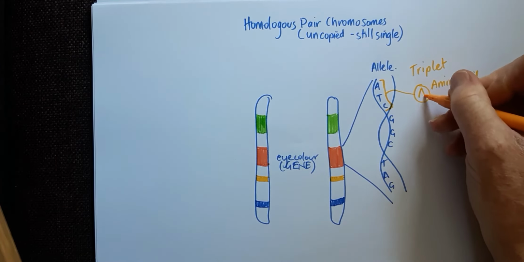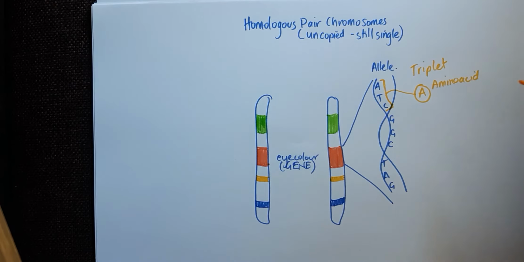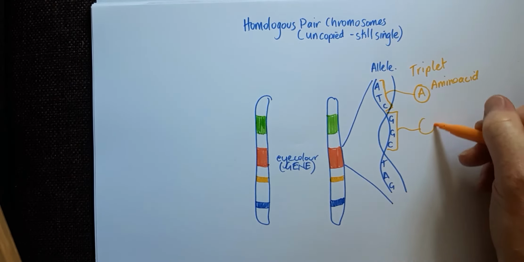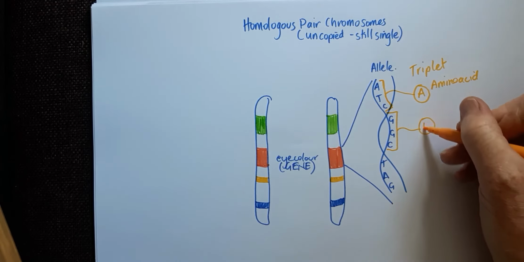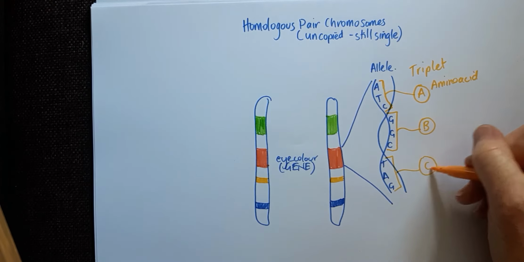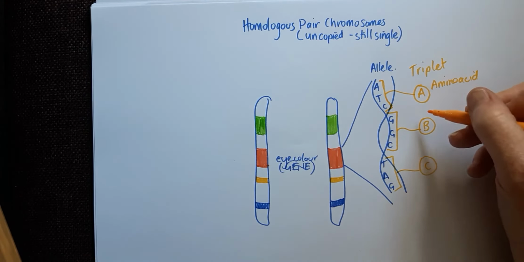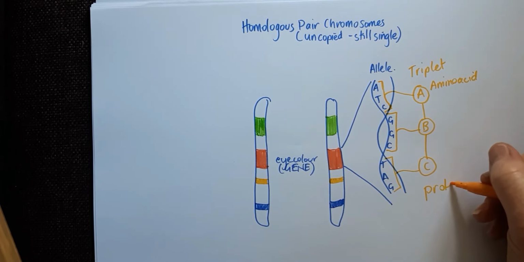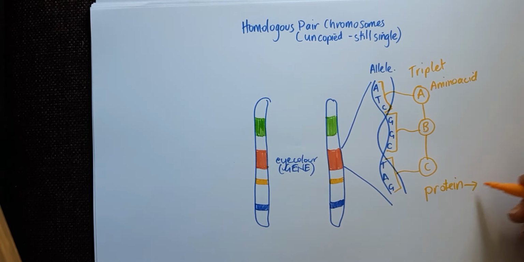Let's just call it amino acid A. They have all these fancy names, but we'll just stick with A. This next set gets read and that might produce amino acid B. The next 3 get read and produce amino acid C. Now these amino acids all join together to make something called a protein, and that protein gives you your trait or your characteristic.